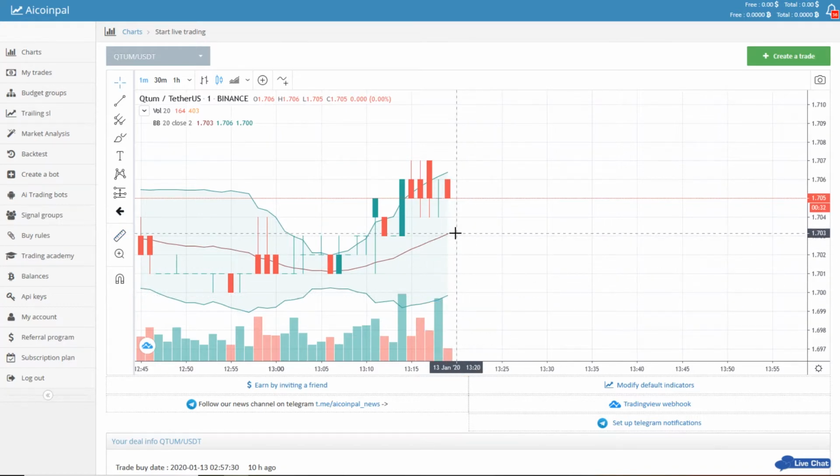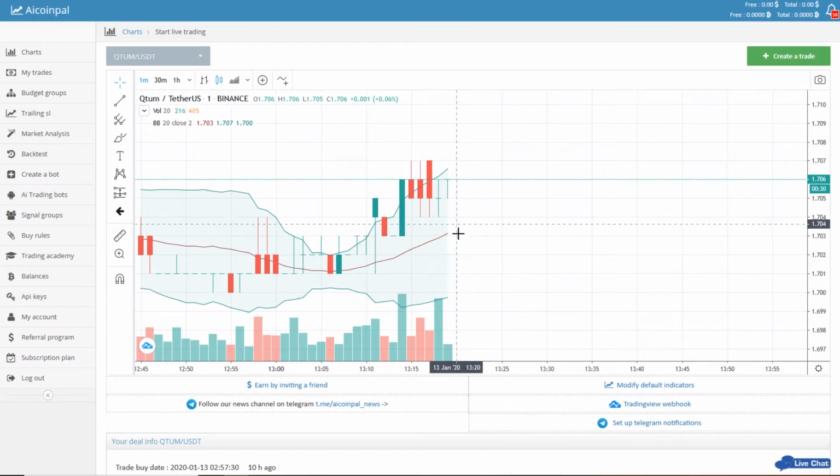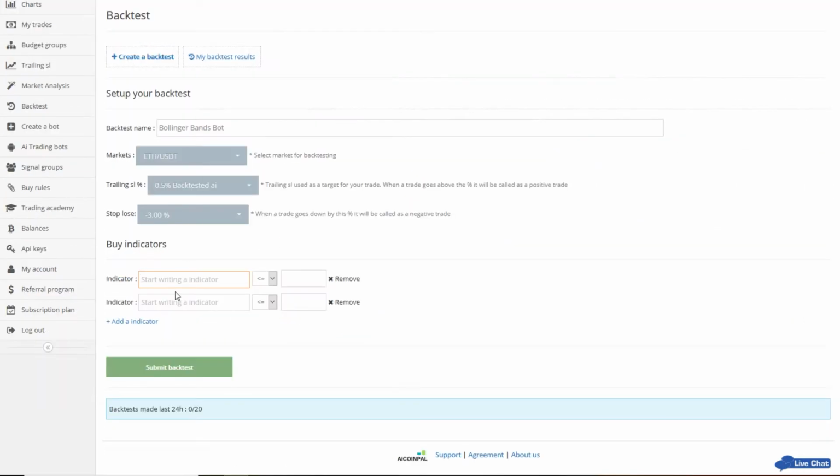So the system understands these Bollinger Bands lines by a state. This is called the Bollinger Bands state. To start writing it, we'll be using 15 minutes, Bollinger Bands closed state.